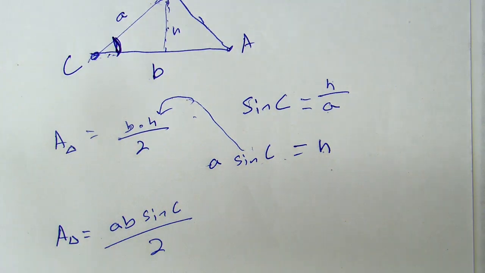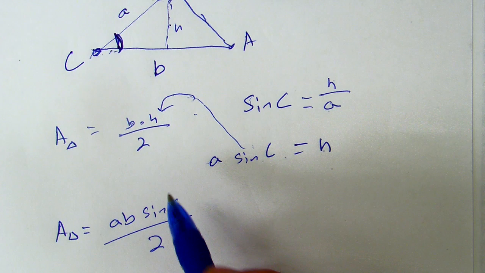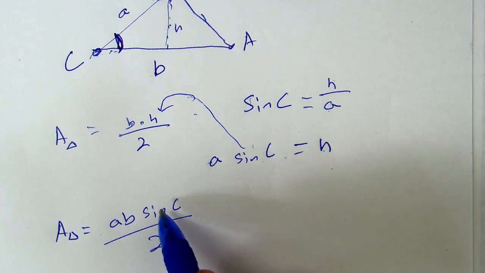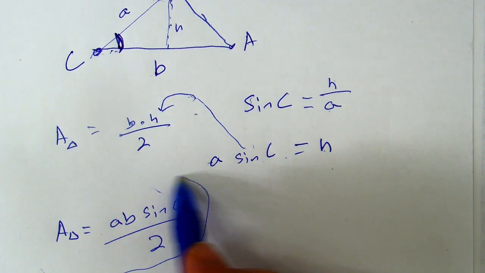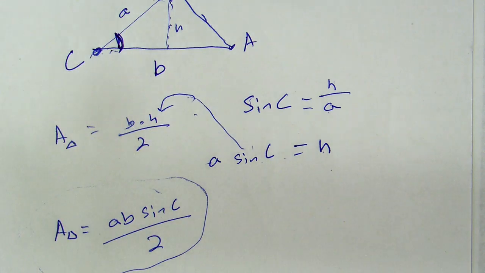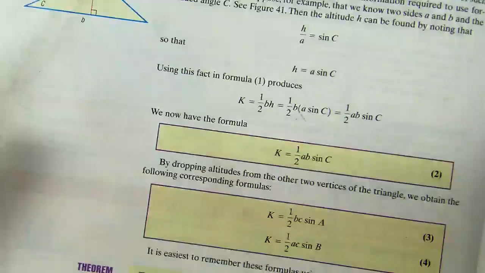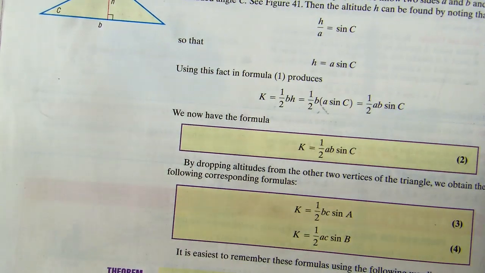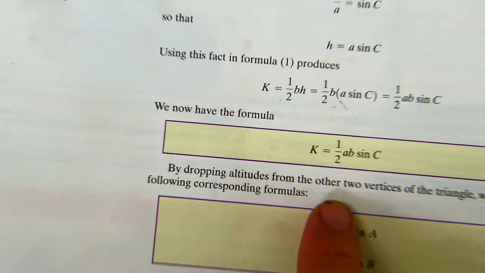And so what you have there is a way of finding the area of a triangle given a little different information. Now, they do this for all 3 scenarios. Instead of me writing them all out, I'll put them under here.